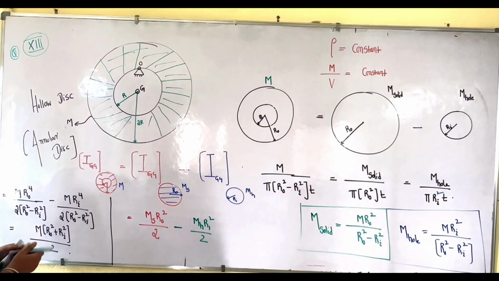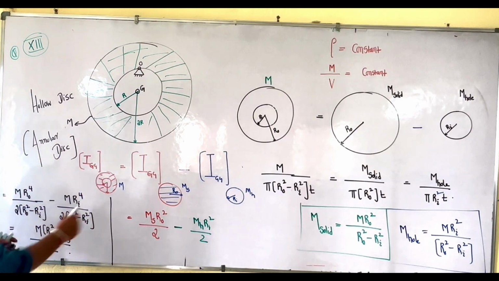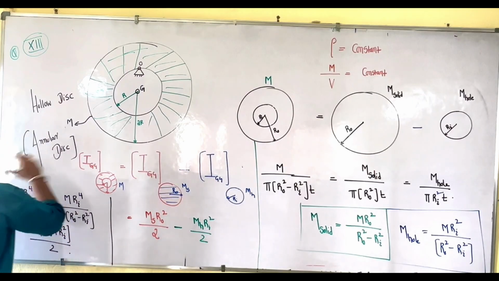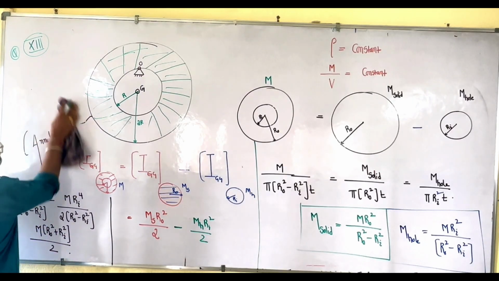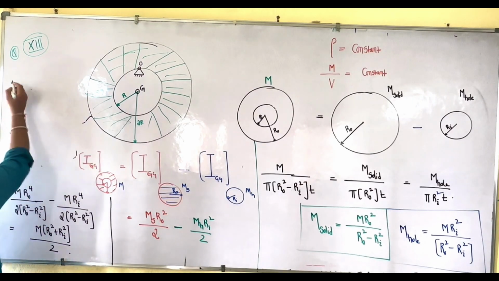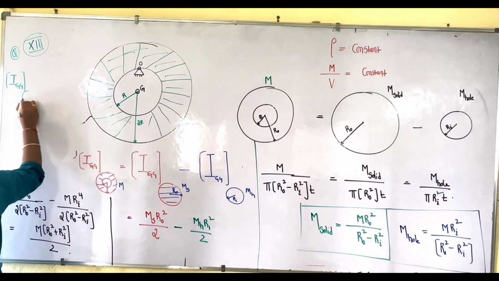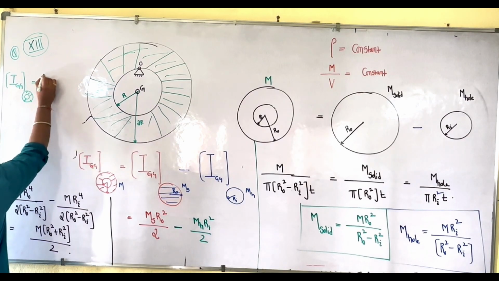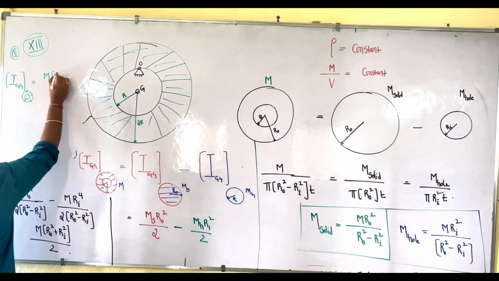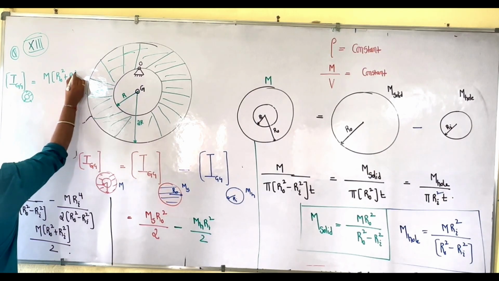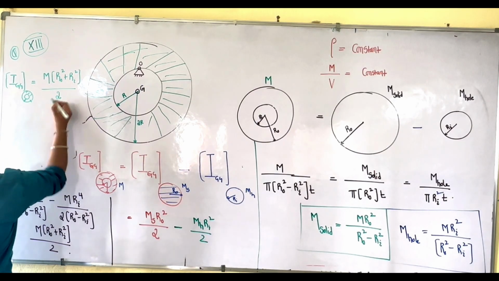Finally, what is the expression for I_GG in this case? Tell me, for the annular disk. I_GG of this annular disk is M into (R0 square plus R inner square) by 2.